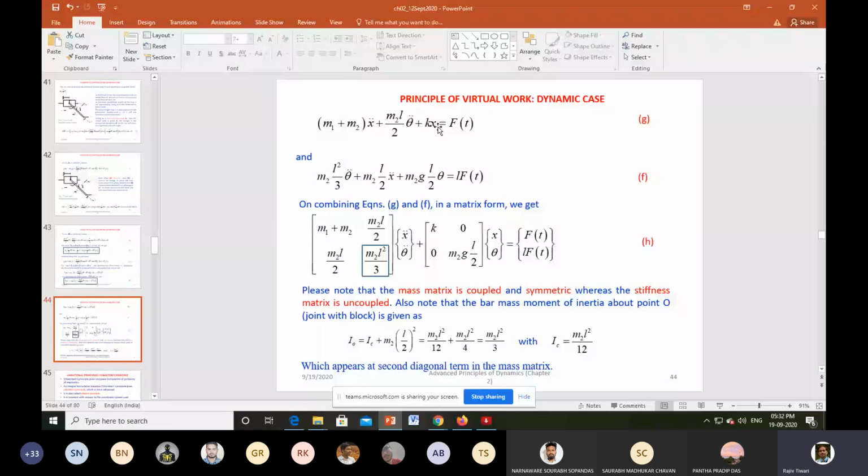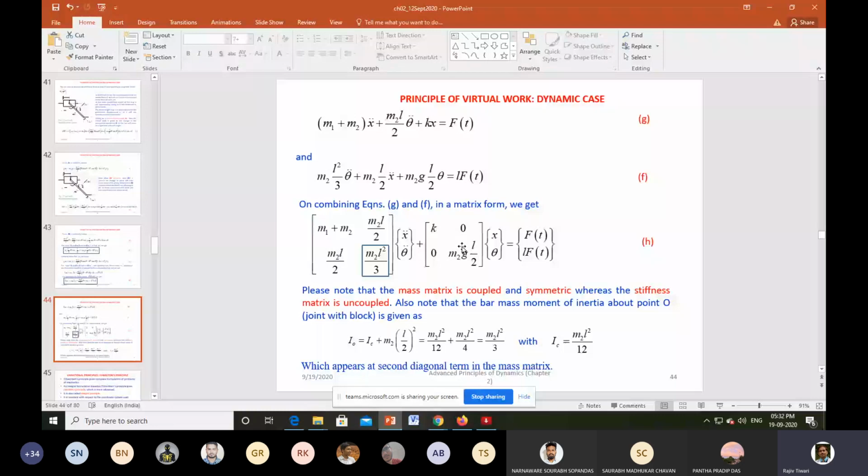In the second equation, there is no x, so this is 0. And these are the force, and this is the couple. So this is a matrix form of these two equations, and it's very convenient to write such an equation in a matrix form, and then it is easy to handle.